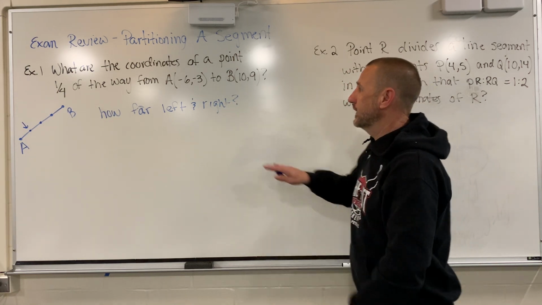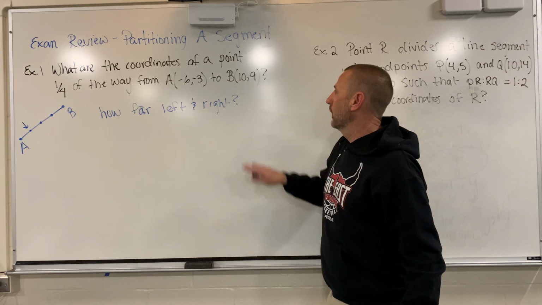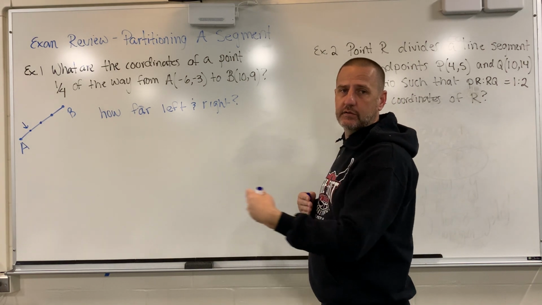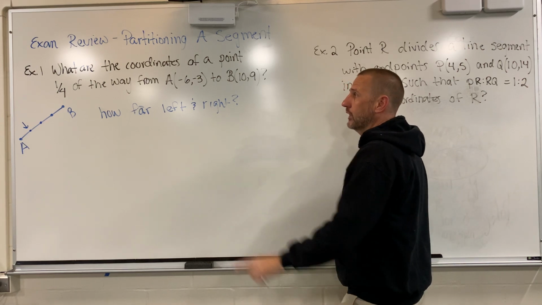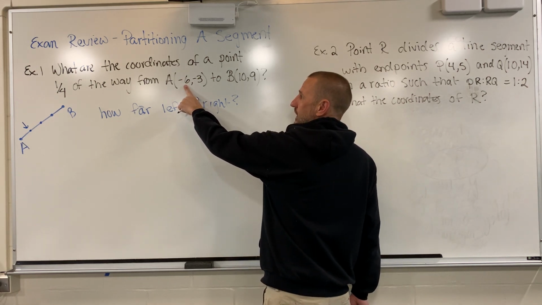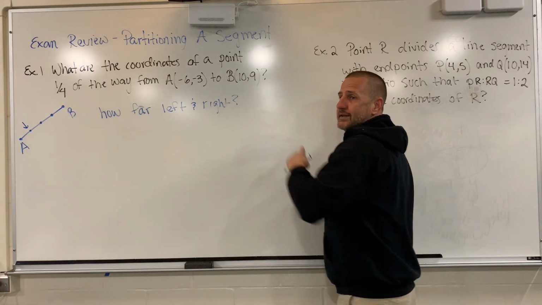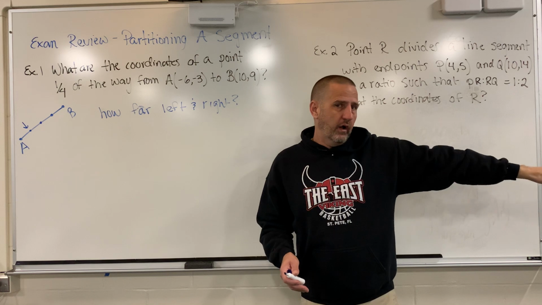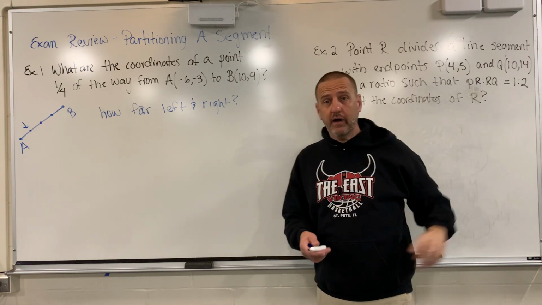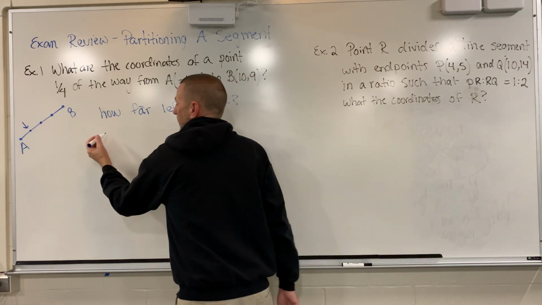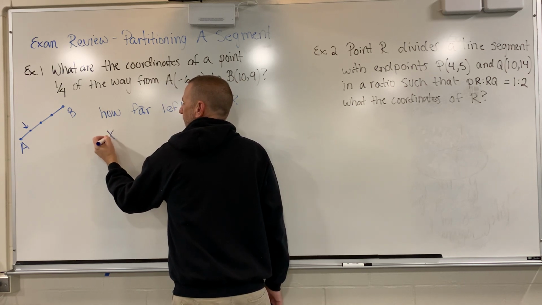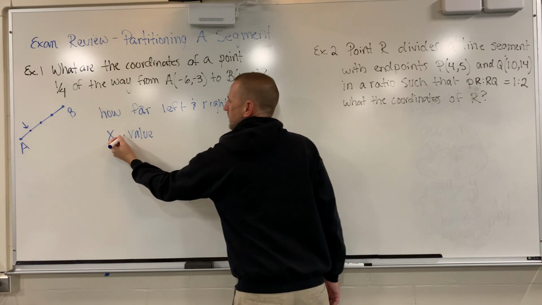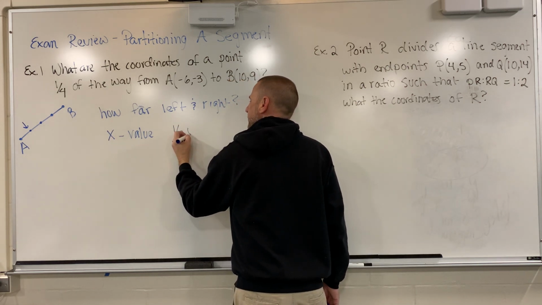If I start my journey at -6 and I go all the way to 10, how far have I traveled from left to right? Well, if you start down at -6 and you go towards 10, you end up traveling 16 units across in this direction, which is positive. So when I talk about A to B, my x value all the way across would be 16 units.